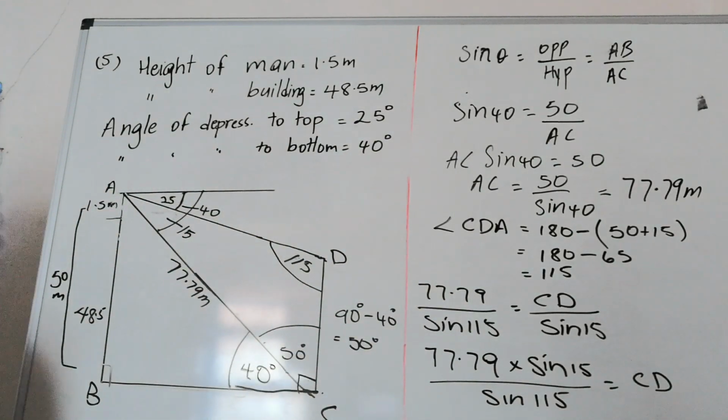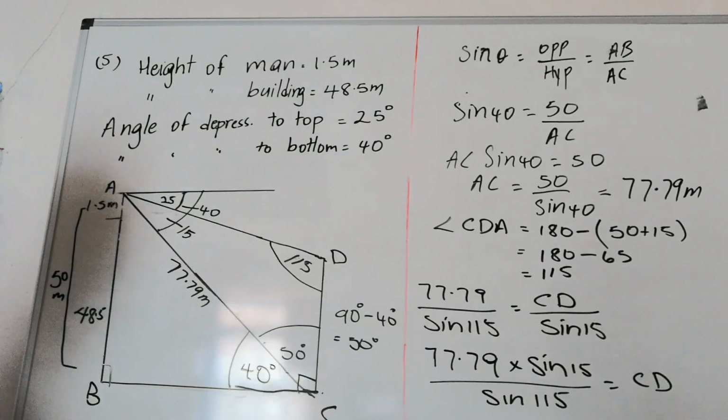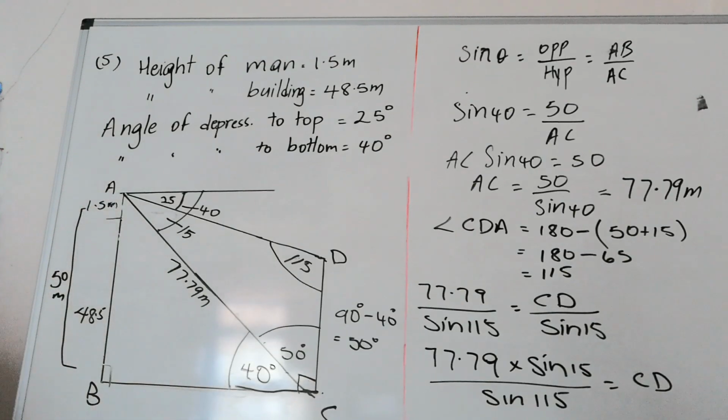So let's work that up. 77.79 times sine 15, and that answer we have there, when we divide it by sine 115, we will have 22.22 meters.